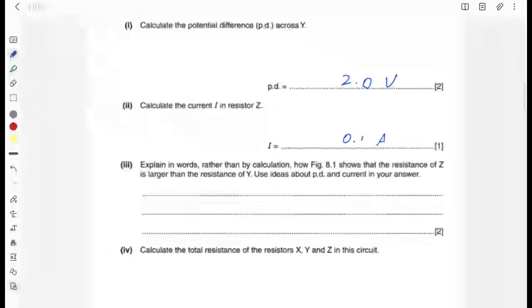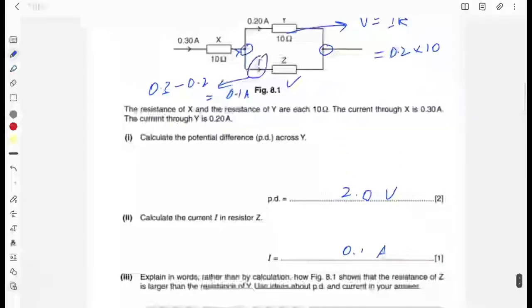It's not specified, but there are 2 points.